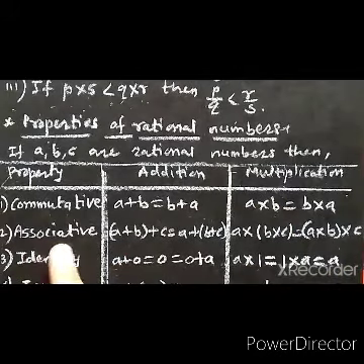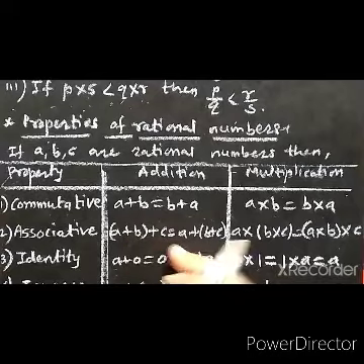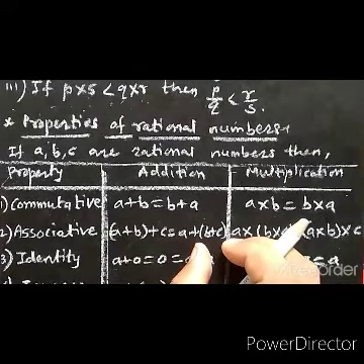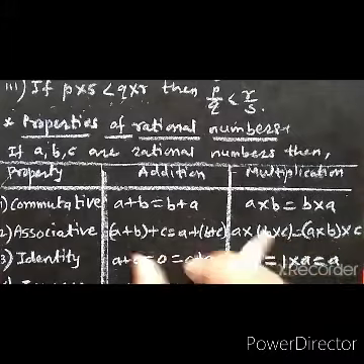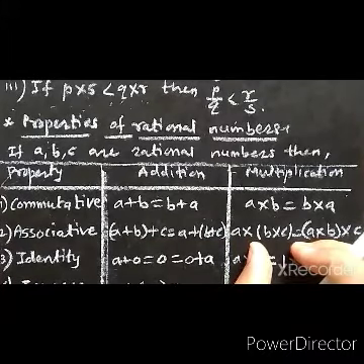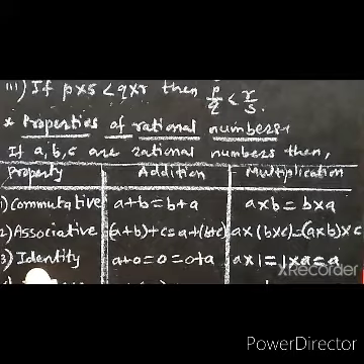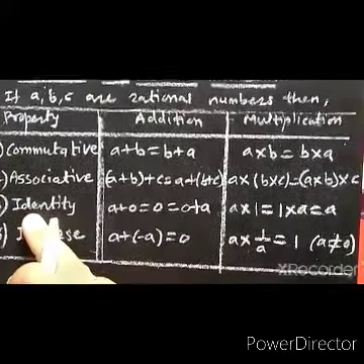Number 2, associative. So A plus B plus C is equal to A plus B plus C, you will get the same answer. A into the multiplication of B into C is equal to the multiplication of A into B into C. Number 3, identity.